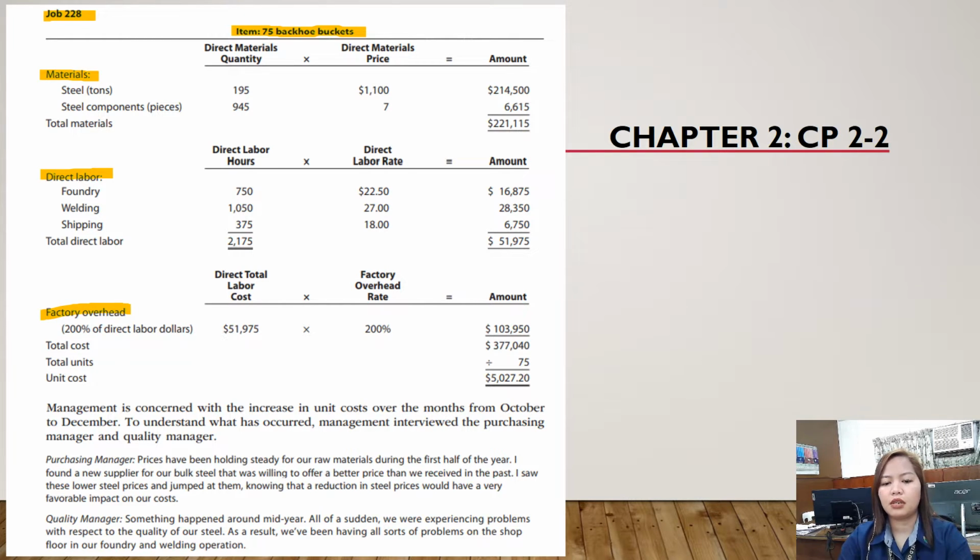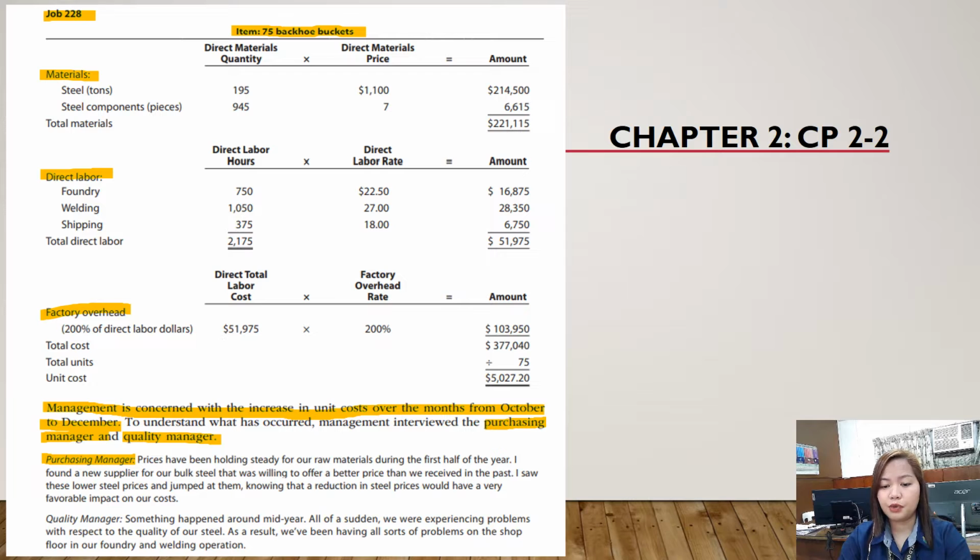well. So, to continue, the management is concerned with the increase in unit costs over the months from October to December. To understand what has occurred, the management interviewed the purchasing manager as well as the quality manager. The purchasing manager said that the prices have been holding steady for our raw materials during the first half of the year.